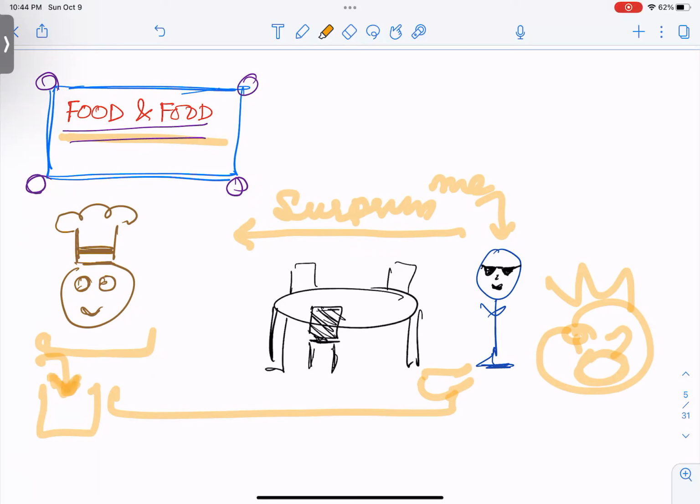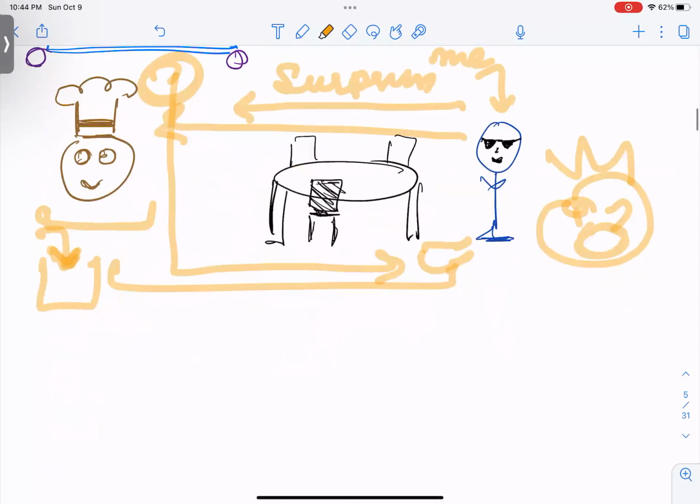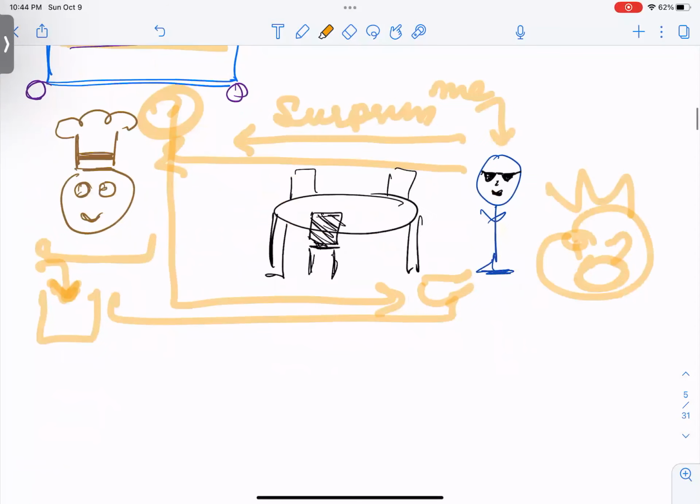Now you say, oh, I'm not actually liking this. Can you bring something else for me? Now the chef goes back, again cooks something you don't know, brings back that dish for you, and you're surprised again. So there is a sense of randomness in what the cook is going to bring to you.